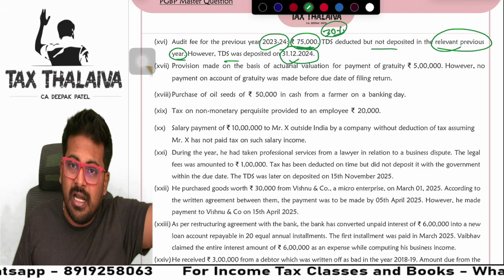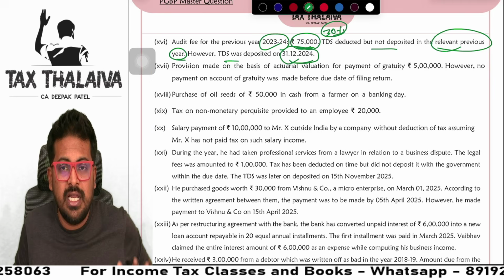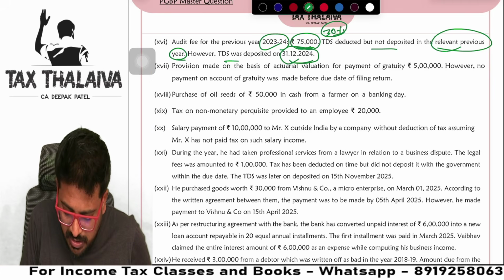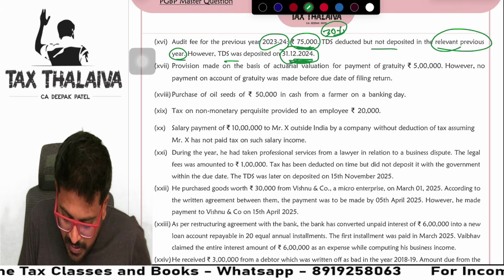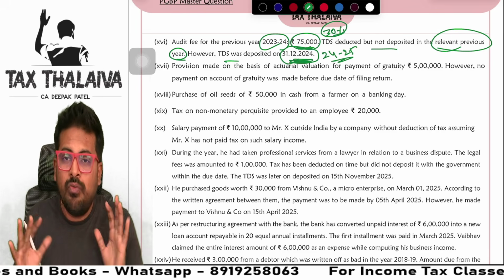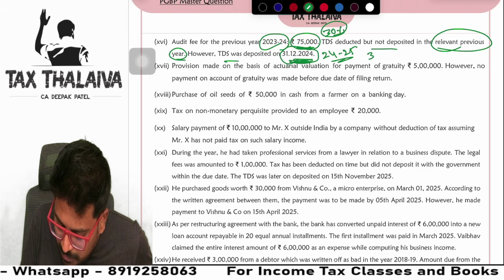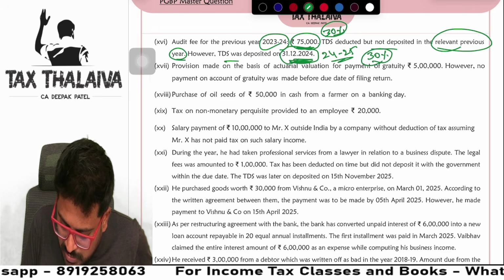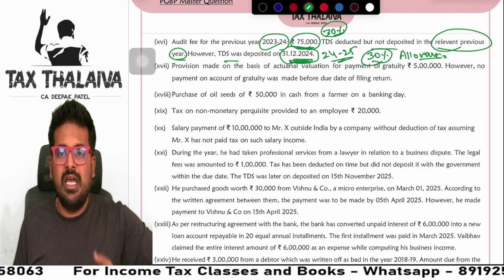Last year, they have already disallowed. Now, this year, he deposited the TDS. See here, 31st of December 2024, means in the 24-25 financial year, you deposited the TDS. Now you have satisfied all the conditions of TDS. Now you will claim that 30% of 75,000 as allowance, because last year it was disallowed. This year you will allow it.